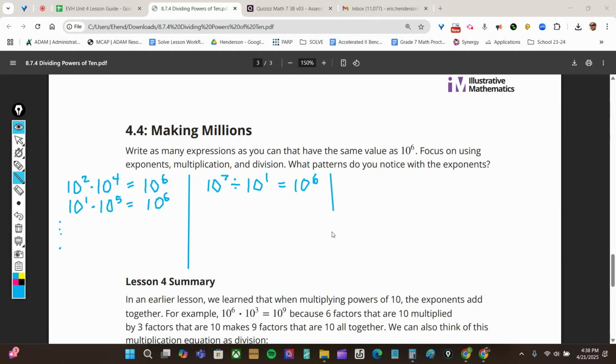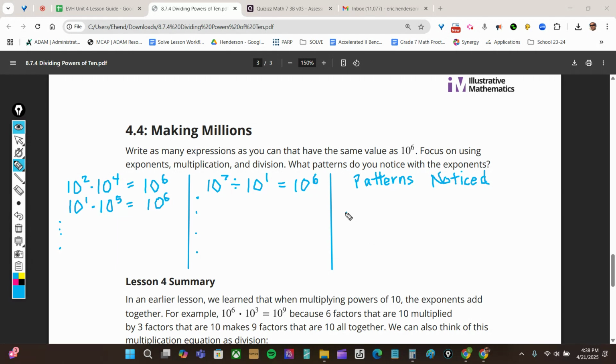So you can go ahead and put about 3 or 4 more of those down here. Go ahead, pause it right here, take a moment. And then what patterns are noticed?